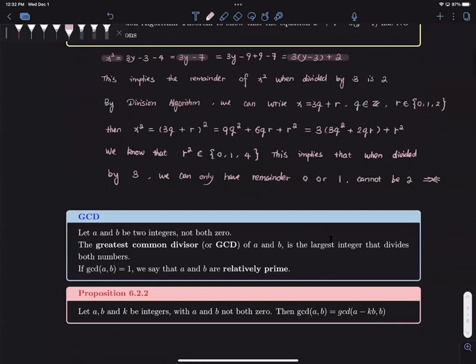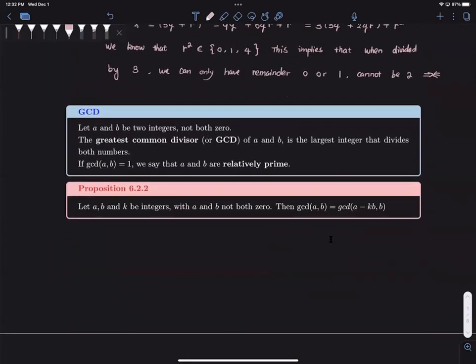Let's do GCD. What's GCD? GCD is the greatest common divisor. And what is the smallest number you can have for GCD? 1. Okay. Then what is GCD of 0, 8?